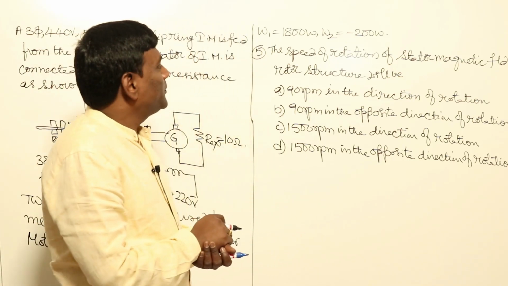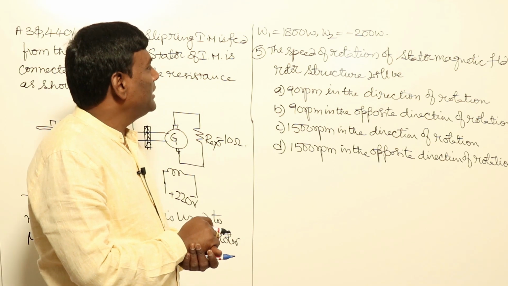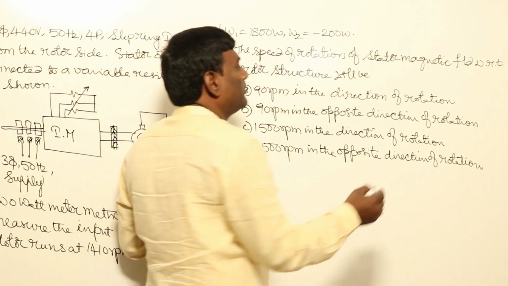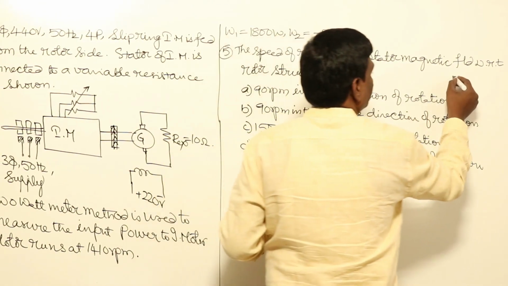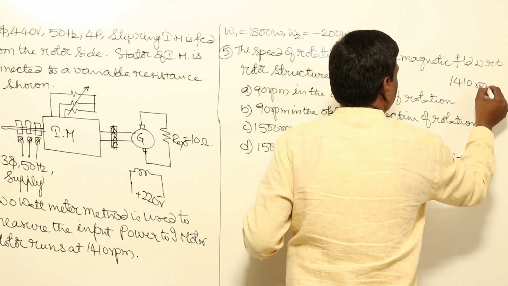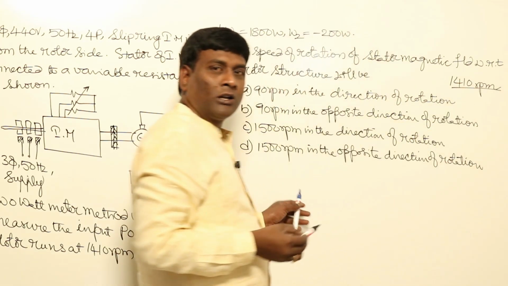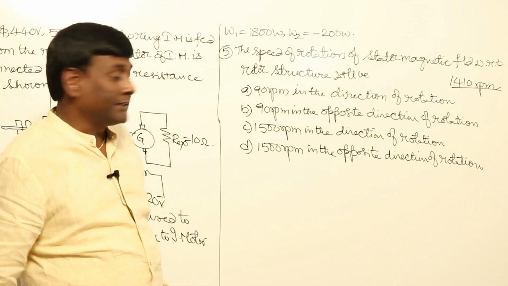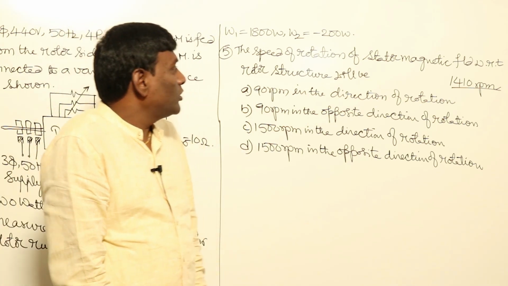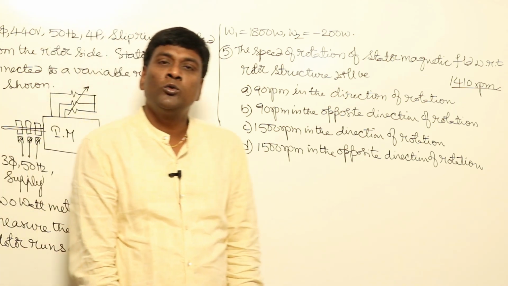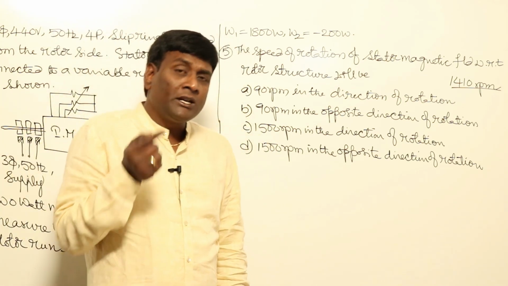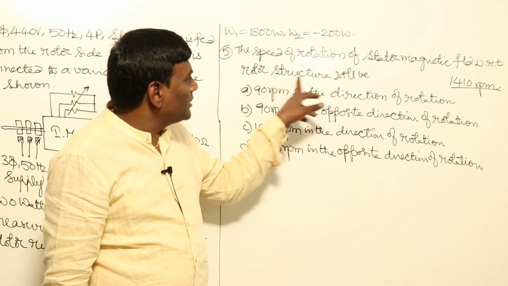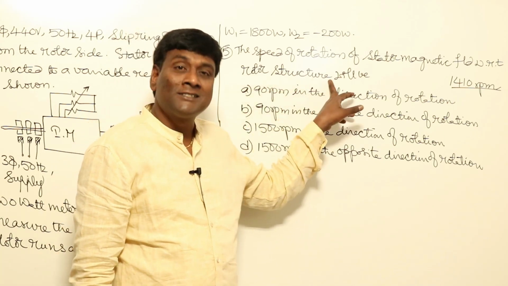Now, the speed of rotation of the stator magnetic field with respect to the rotor structure will be. Basically the combination is rotating at 1410 rpm. In rotor fed induction motor analysis, I clearly told you how to analyze things. Why think of the stator magnetic field with respect to the rotor structure?